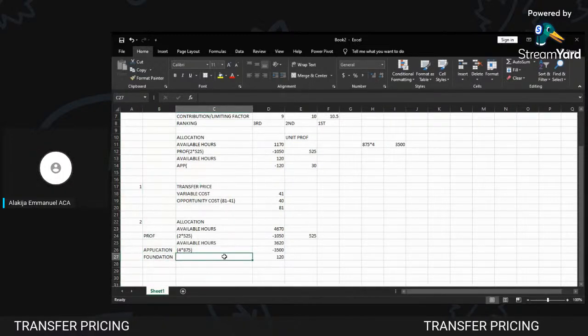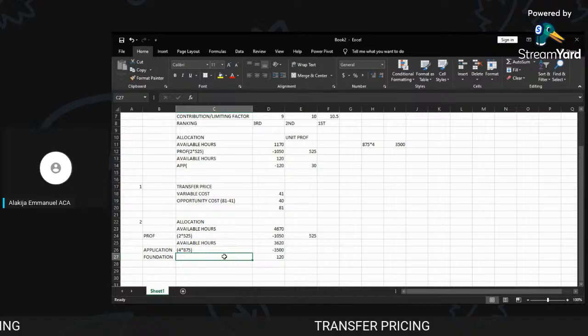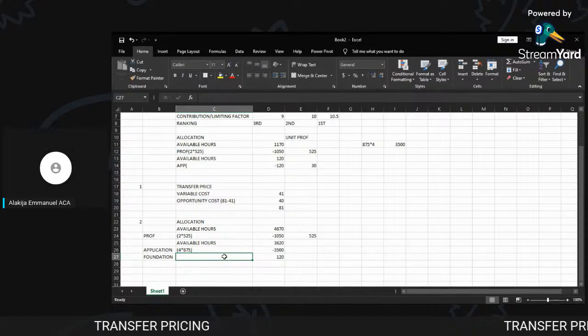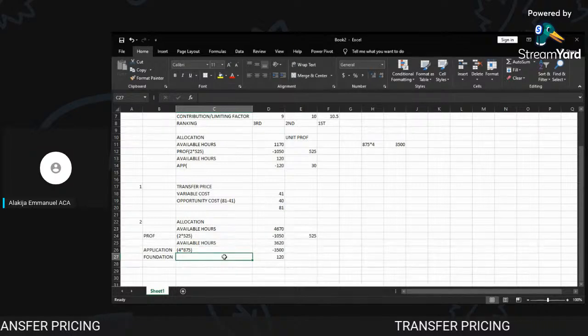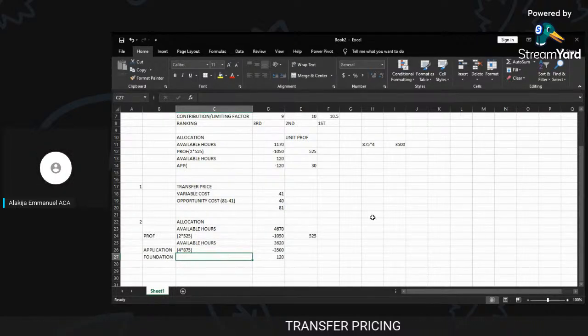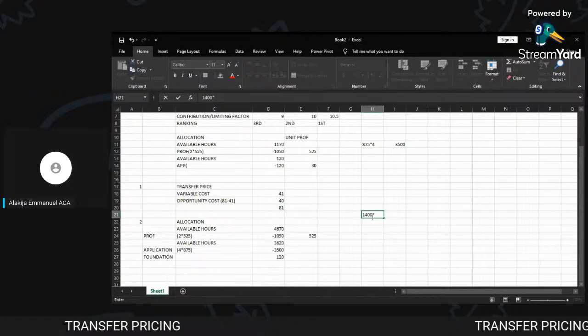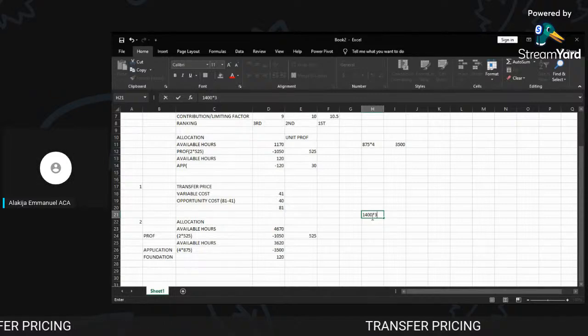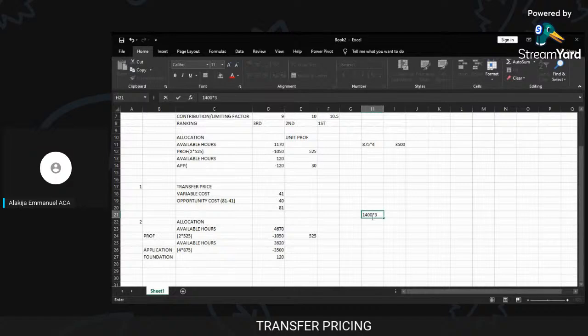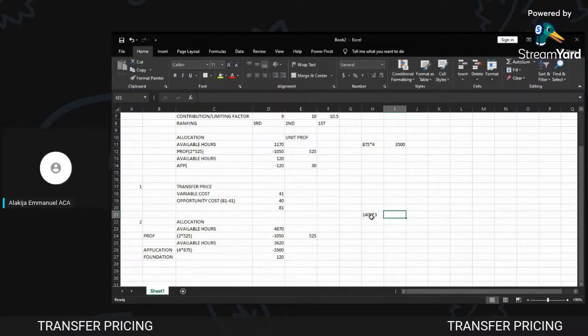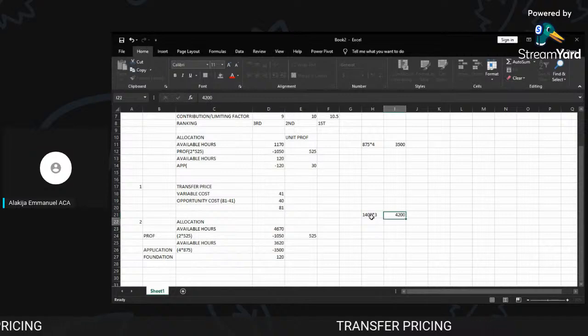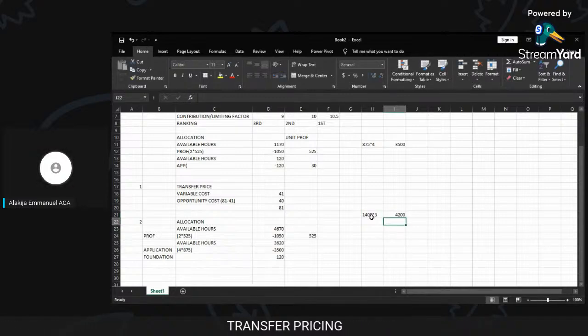So basically, how many units does foundation need? Foundation needs to produce 1,004, and it requires 3 hours per unit. So that's 1,004 times 3, that's 3,012. But we won't be able to produce that because the available hours is 120.